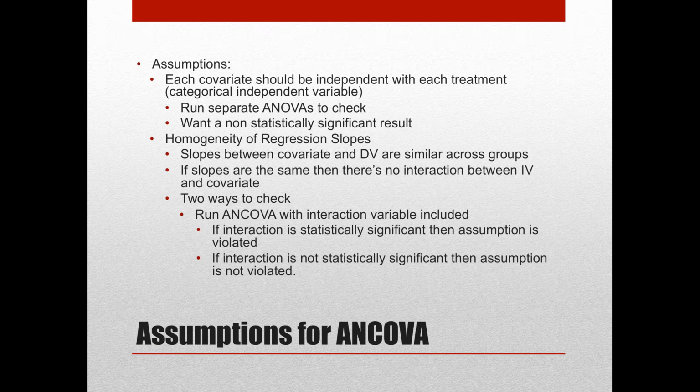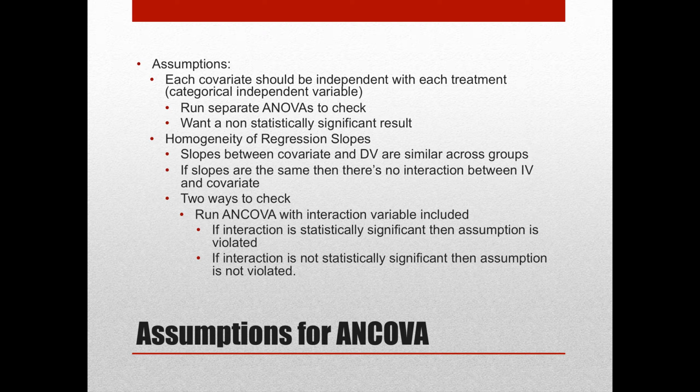So assumptions for ANCOVA, as we've talked about before, we need the covariate to be independent across the groups. So we run a separate ANOVA with the covariate as our dependent variable across the treatment or factor. And we want homogeneity of regression slopes. And the way we do that is run ANCOVA with an interaction variable.